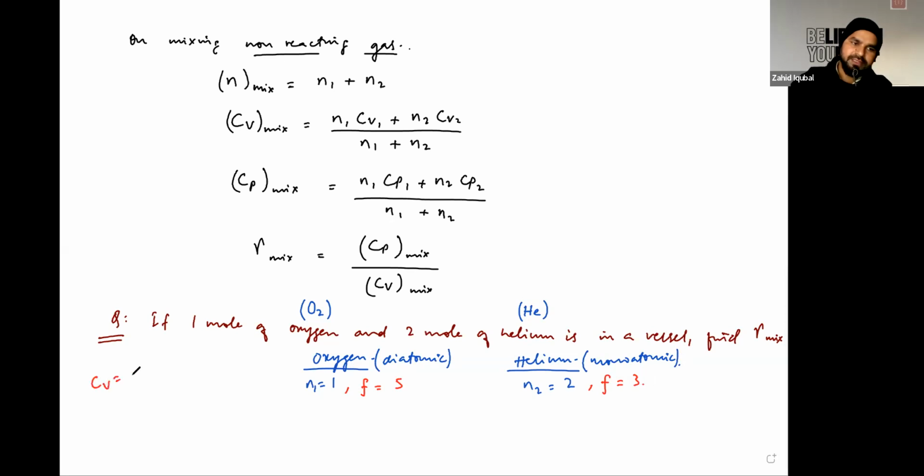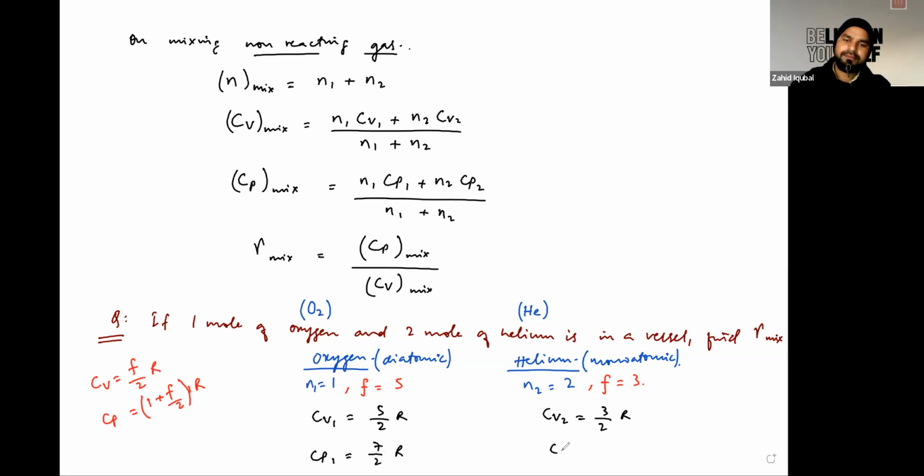According to the formula, Cv equals F by 2 times R and Cp equals 1 plus F by 2 times R. So if you substitute, Cv1 will be 5 by 2 times R, and Cp1, 1 plus F by 2, will be 7 by 2 times R. Similarly, Cv2 will be 3 by 2 R, and Cp2, 5 by 2 times R. Now just substitute these values in the above formula, and you'll get gamma of mixture.